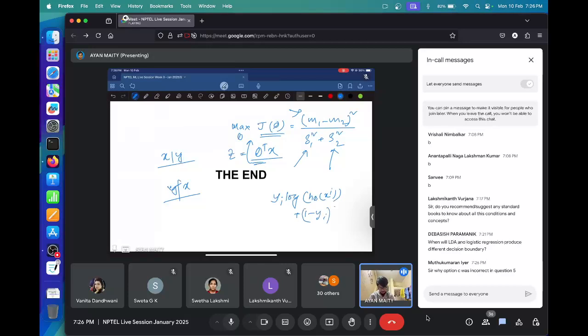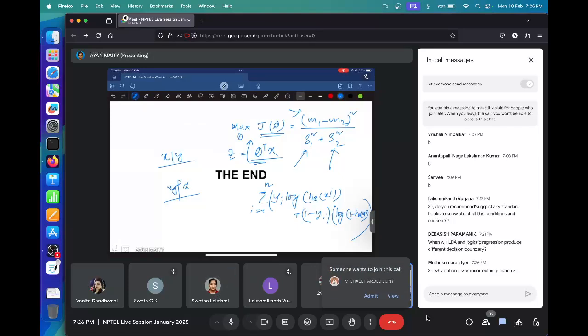I don't exactly remember what notations are used. So this is the likelihood for n different data points. You have to calculate this to get the likelihood. Yi log h.